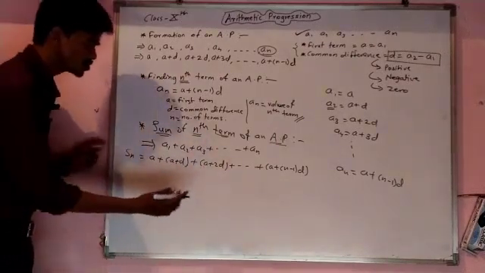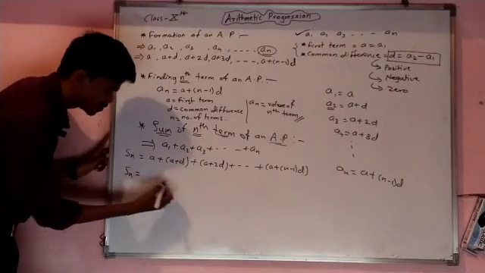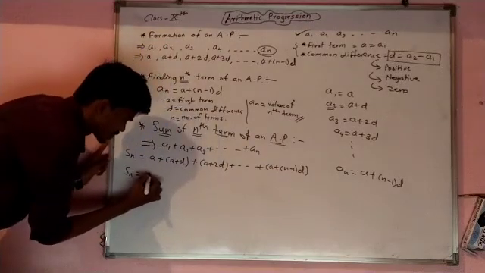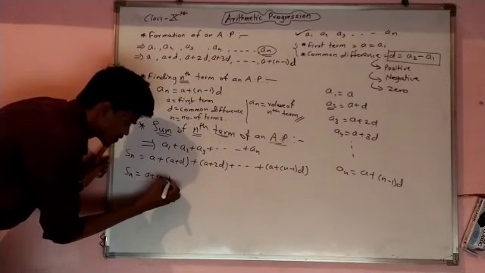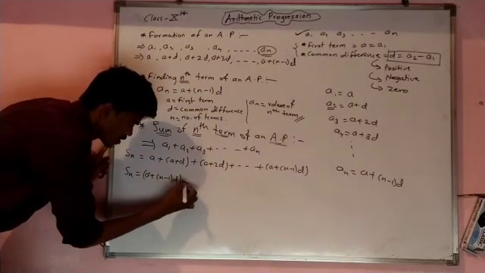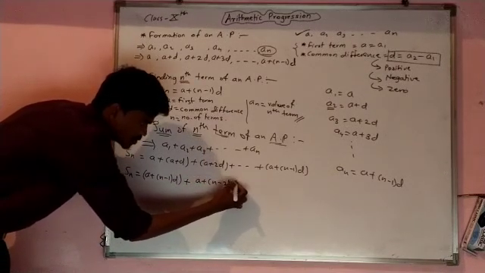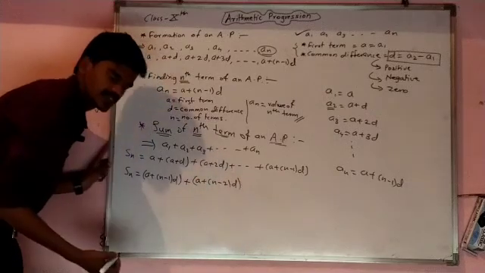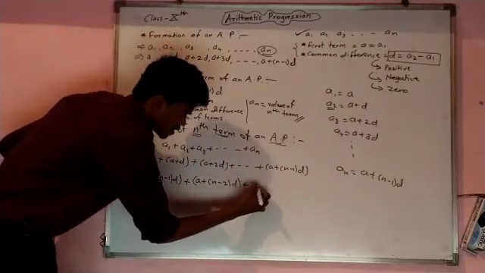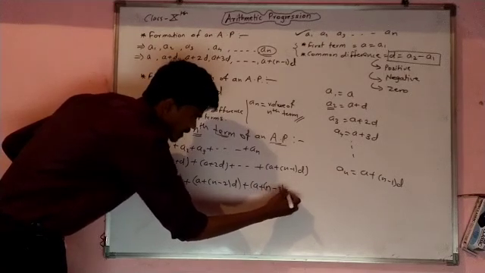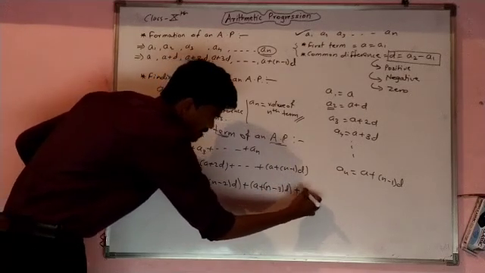Same, you have to take the reverse, like Sn is equal to the reverse, that means the last term first: a plus n minus 1 into d, plus a plus n minus 2 into d, then a plus n minus 3 into d, and so on.